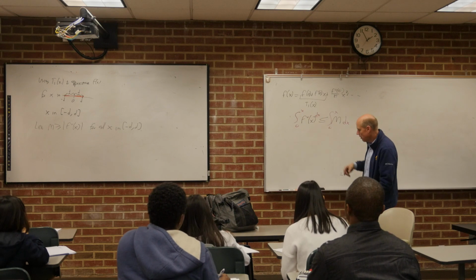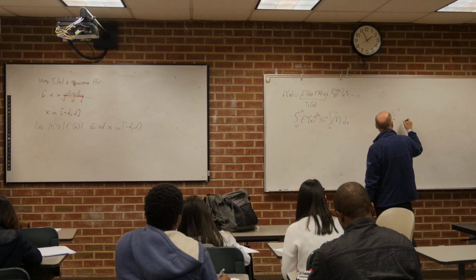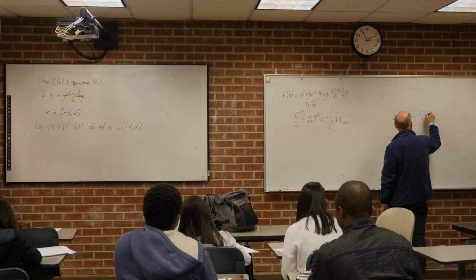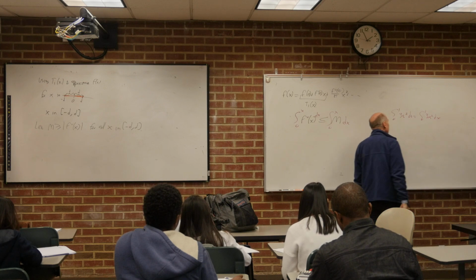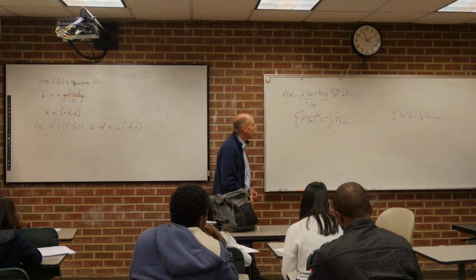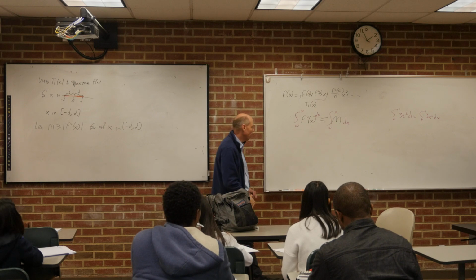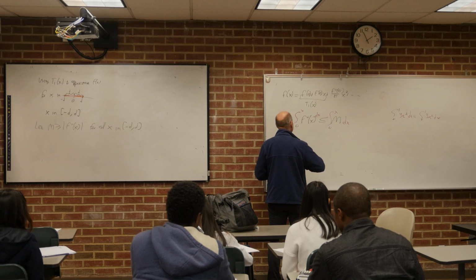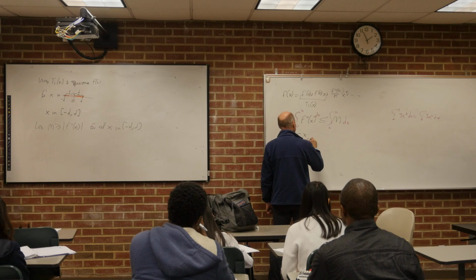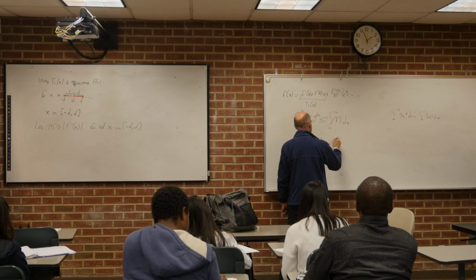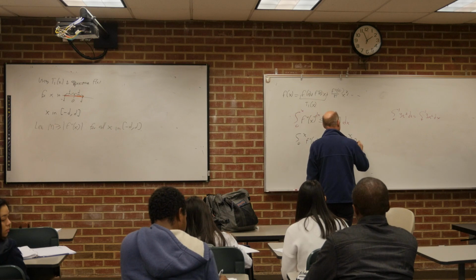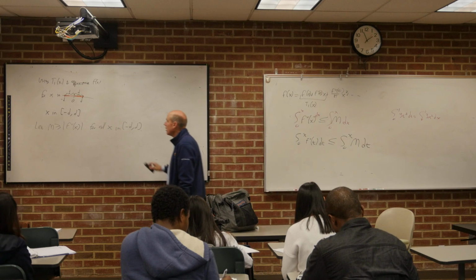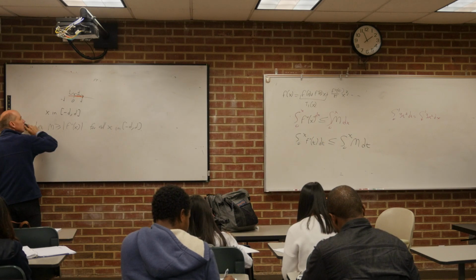The integral from 0 to 1 of 3d squared dt is the same as the integral from 0 to 1 of 3x squared dx. It doesn't matter what we call the variable on the inside. So I'm going to change this to the integral from 0 to x of f double prime of t dt.